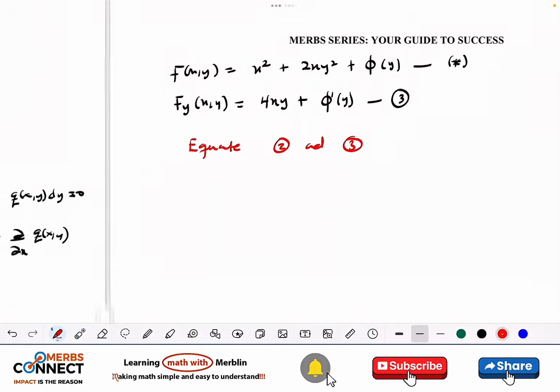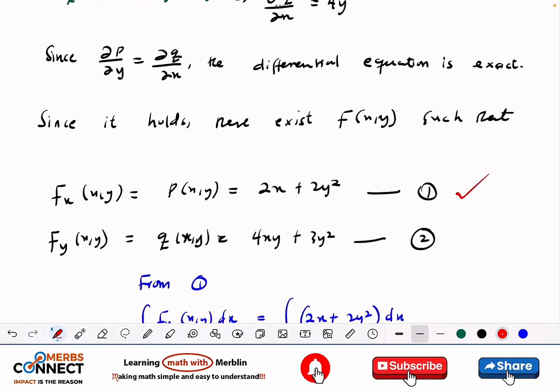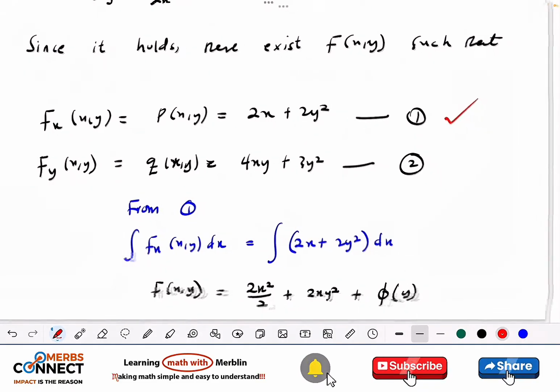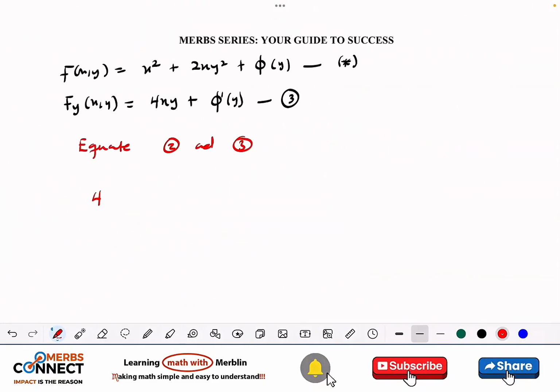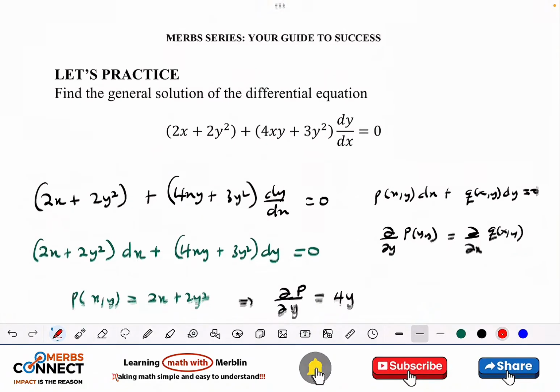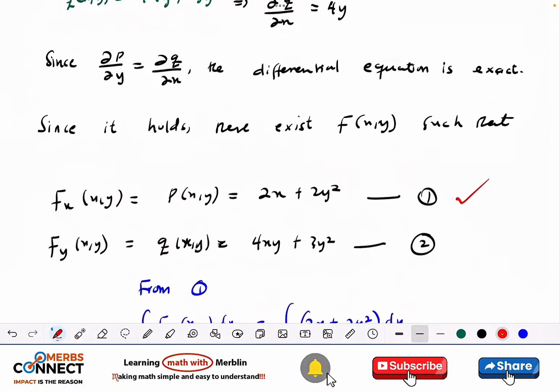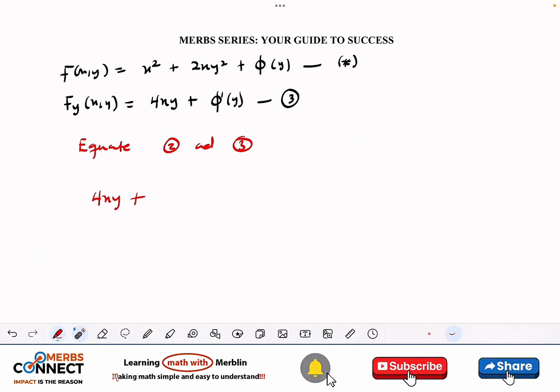So let's do that. The right hand side here was 4xy plus 3y squared, which is the same as the right hand side of equation 3. So 4xy plus phi prime of y. This is what you are going to get, but magic will happen.